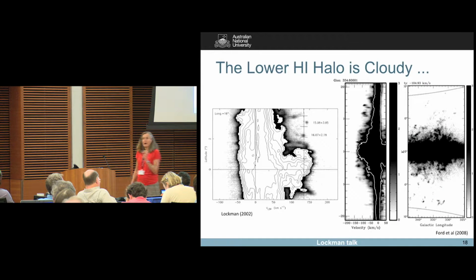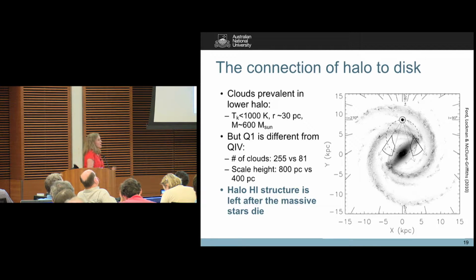about little clouds, the so-called disk halo cloudlets. The lower HI halo is indeed very cloudy, so these are Jay's clouds, which follow up from Allison Ford's work. These little tiny features co-rotating with the disk, but isolated up above the plane, with scale heights up to a kiloparsec or so. And the belief is that these are, in a lot of cases, correlated with what has happened in the disk.